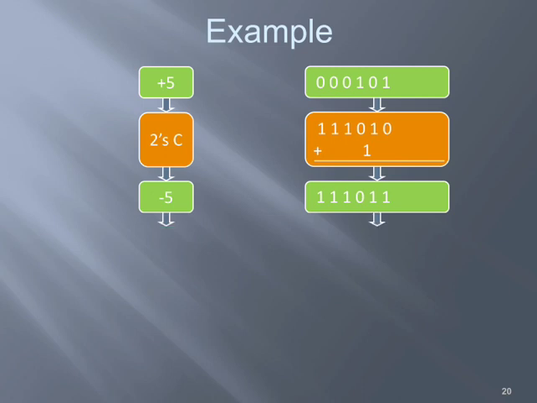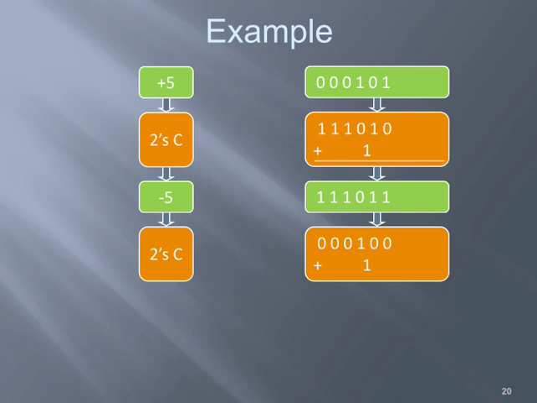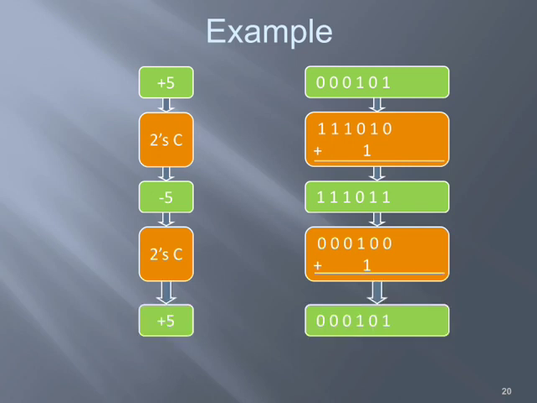In a similar manner, if you do 2's complement to the negative number, we will see what will happen. For minus 5, you are doing 2's complement. For doing 2's complement, first you need to do 1's complement, that is 000100. To this, add 1, and you will get 000101, which is nothing but again plus 5. So if you do 2's complement to a negative number, again you will get a positive number.